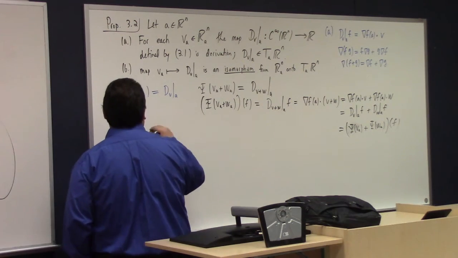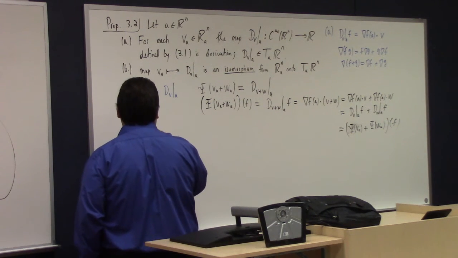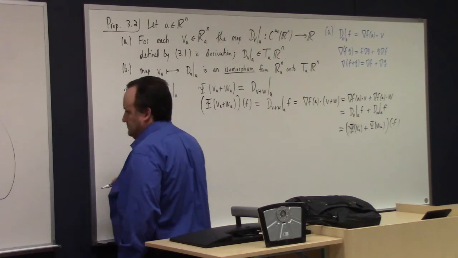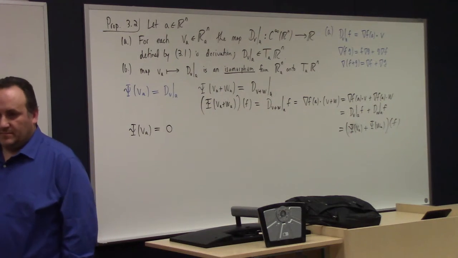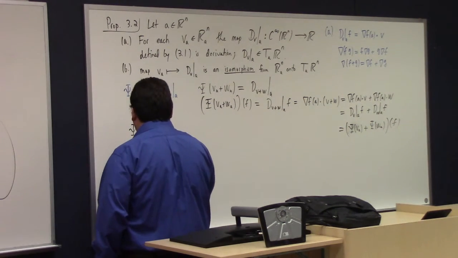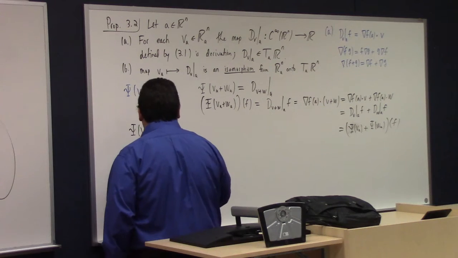How about injective? Suppose that psi of V_A is equal to 0. What's that look like? Well, that's saying that the directional derivative in the V direction at A of f is equal to 0.